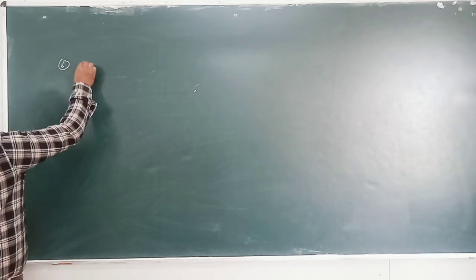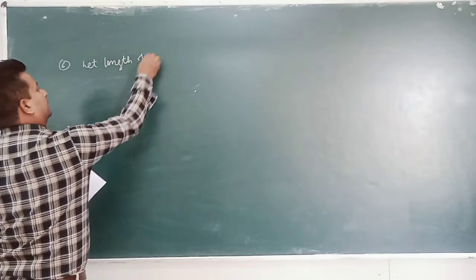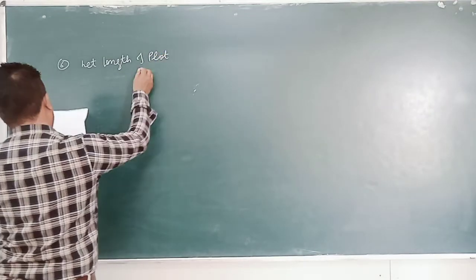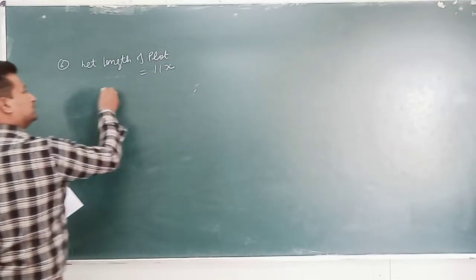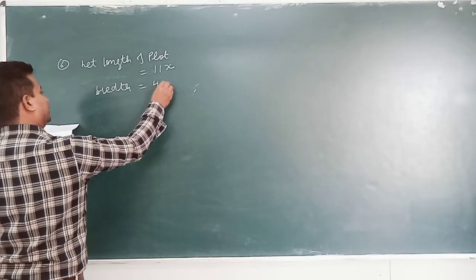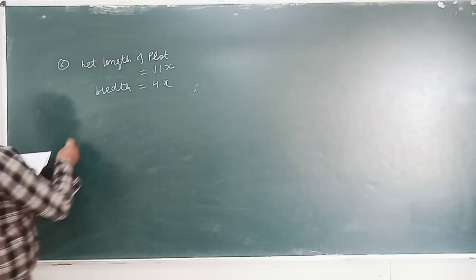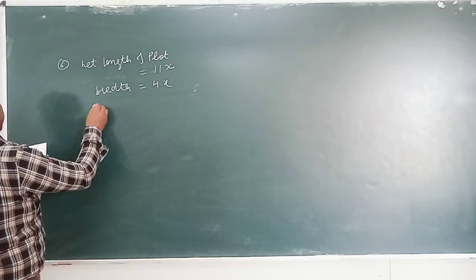So first we consider the length of the plot to be 11x, and the breadth of the plot to be 4x. This is the length and breadth. So total cost is 75,000.